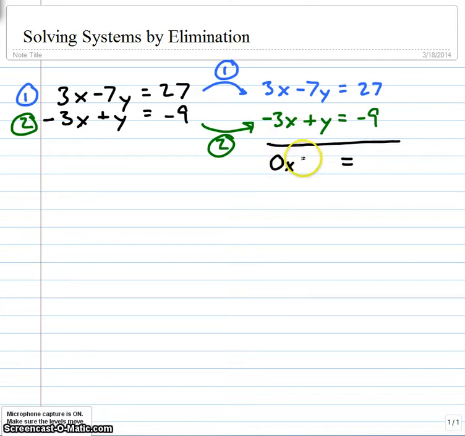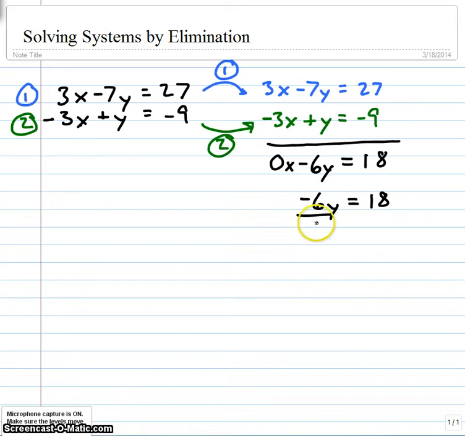I don't really need to write it, but just for emphasis, I'm writing 0x. And I've got negative 7y, and I'm adding y, so I have negative 6y. And now if I take 27 minus 9, that gives me 18. And I'm going to rewrite this without the 0x.